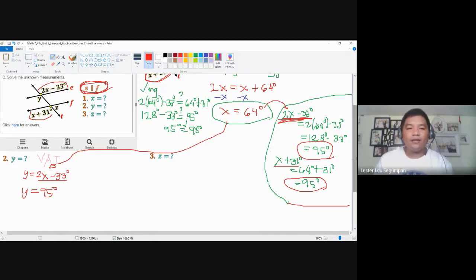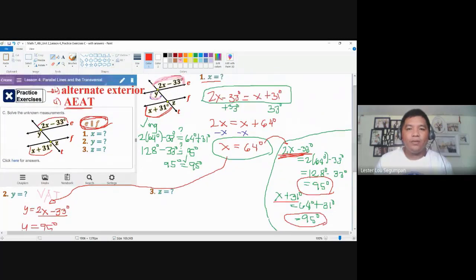So as for angle z, we will be using the relationship between the angle z and this angle here. They are adjacent angles. And if you can see, if we are going to look at their combination, they're forming this line here, line F. Or in short, they are forming a straight angle.